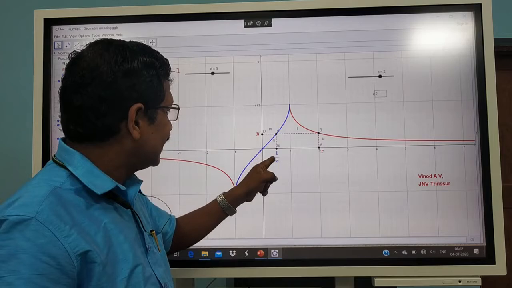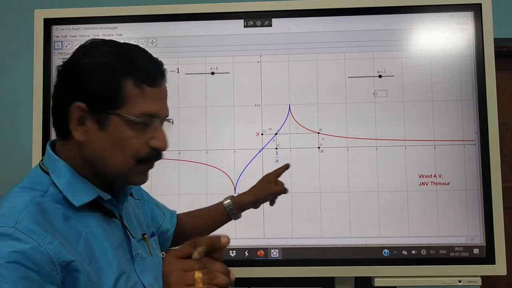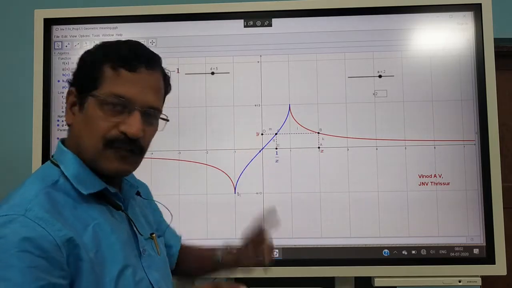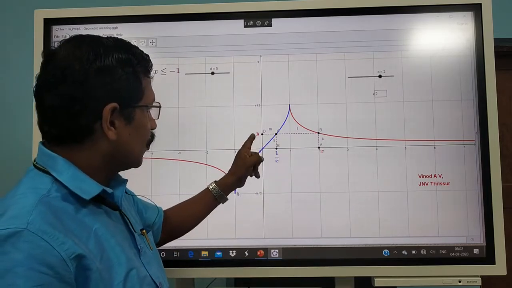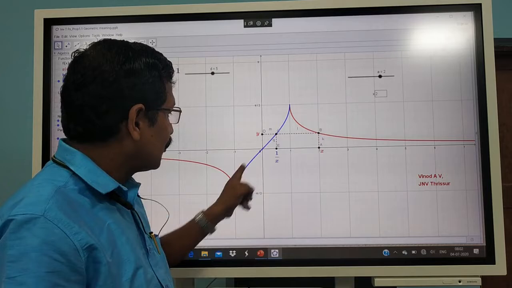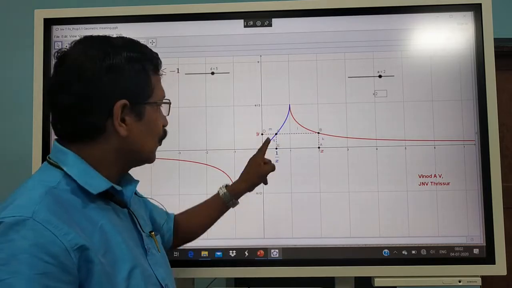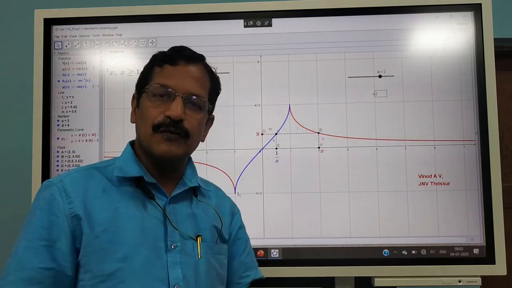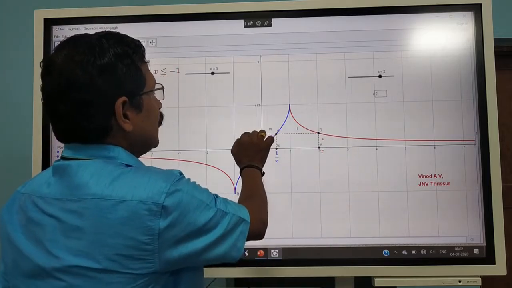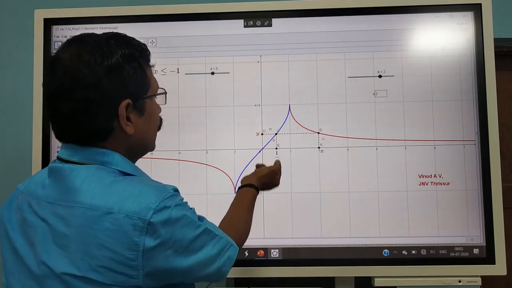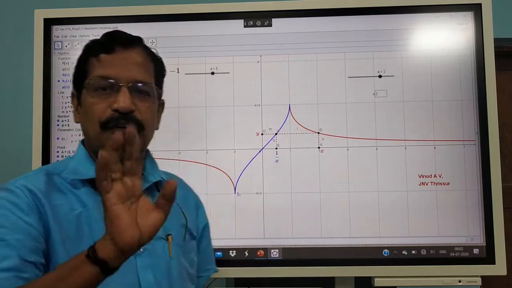So this is cosec inverse 2, and here it is 1 by 2 on the sine inverse graph, so this is the point sine inverse 1 by 2. So for x, cosec inverse of x and sine inverse 1 by x will be the same point.